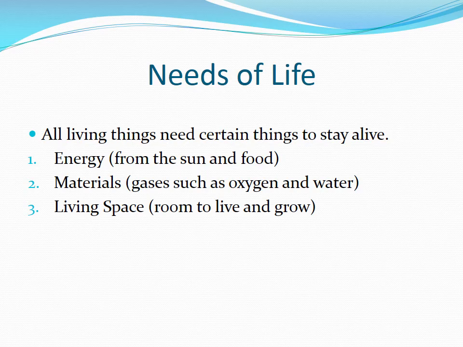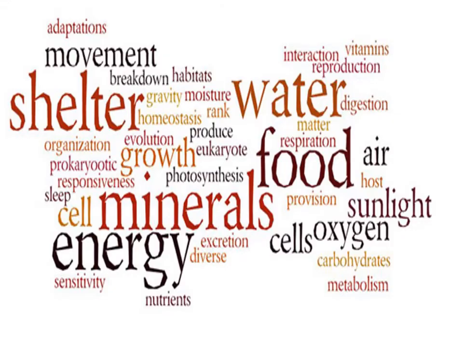So really, we can all trace our energy needs back to the sun. The second thing that all living things need to stay alive are materials. Materials mean things such as gases, such as oxygen, carbon dioxide. Plants need carbon dioxide, water. Those are all different materials that we need. And then last, we need living space. We need room to live and to grow.